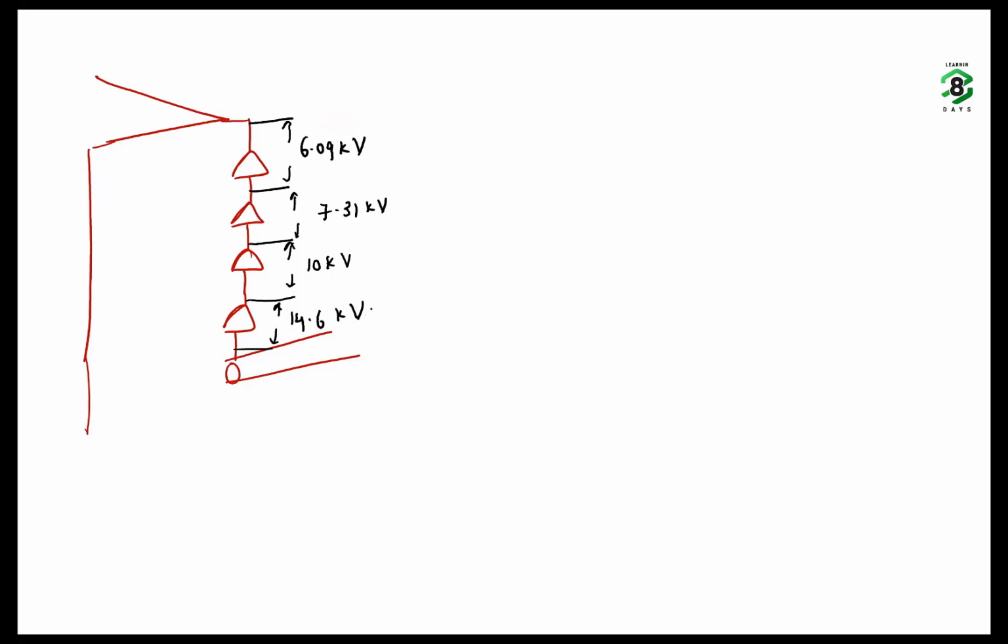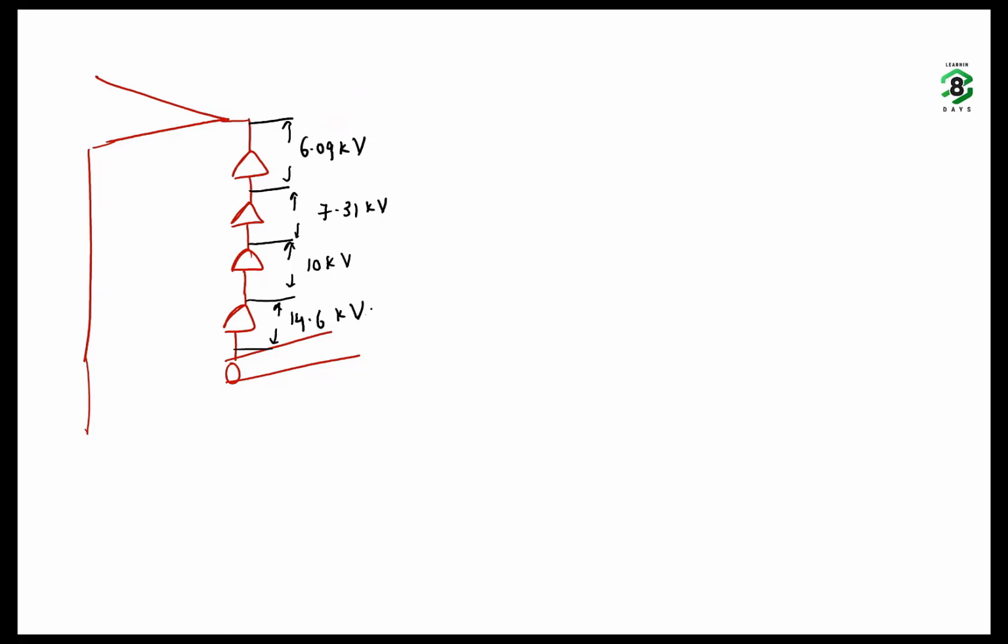disk. Even though all the disks are identical, all of them having the same breakdown voltage, same properties, we can observe that the voltage across the disks is non-uniformly distributed, unequally distributed.